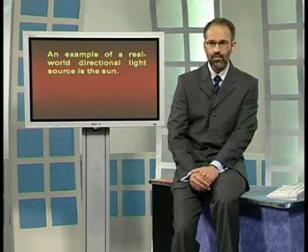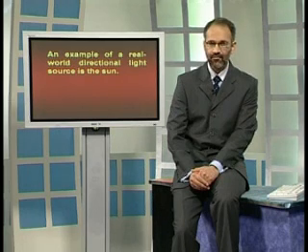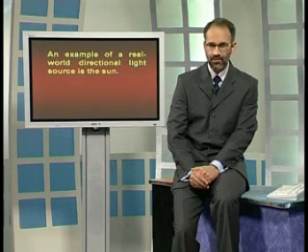An example of a real-world directional light source is the sun. So we can have directional lights or we can have positional lights. A directional light, just like the sun, is a typical example, is going to have different impact on the look and feel of our objects.